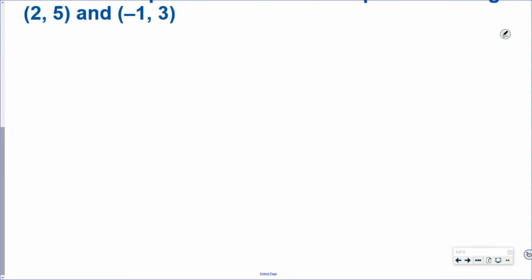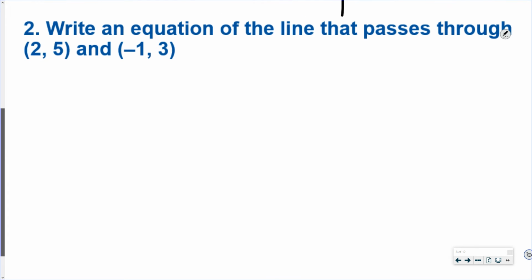All right. You guys go ahead and do this one. Now let's do it in pieces because I don't want you to do the whole thing and then realize you did your slope wrong. So everybody, I'll give you 30 seconds to calculate the slope. I'll get my stopwatch. Now, 30 seconds.